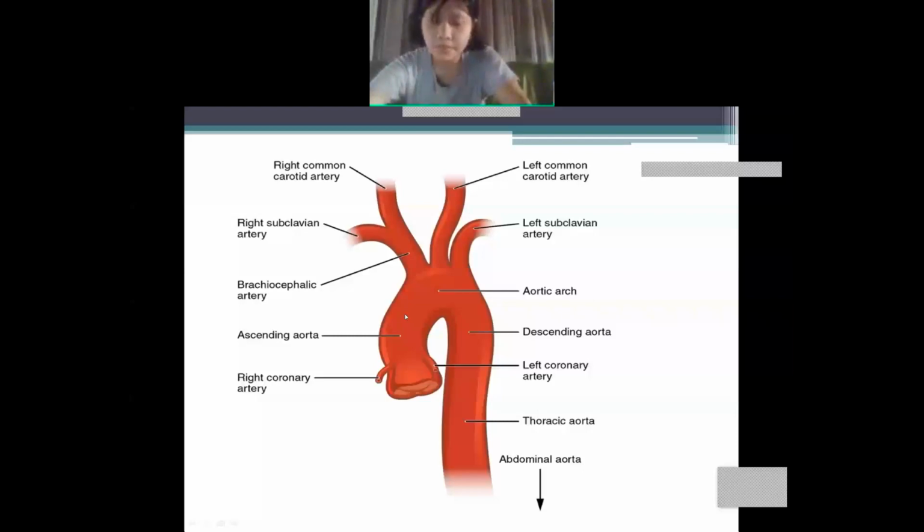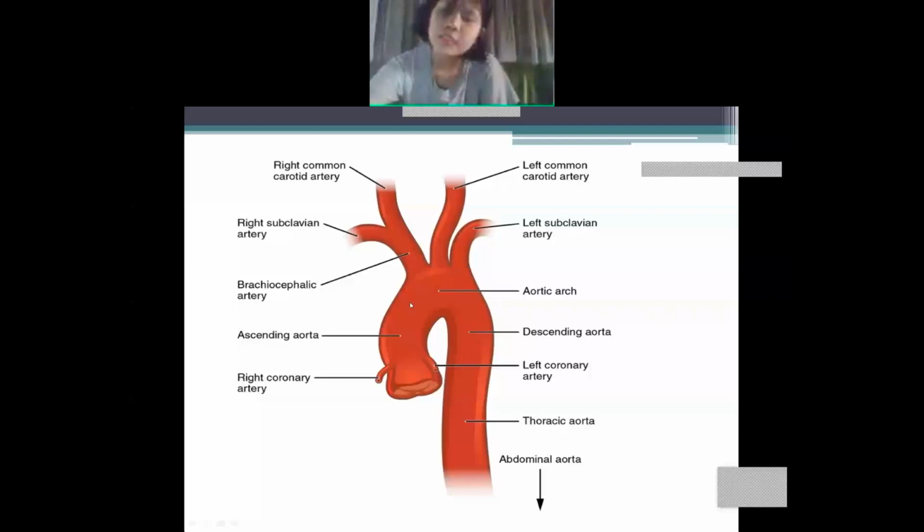From the left ventricle, it supplies blood to all the parts of the body.